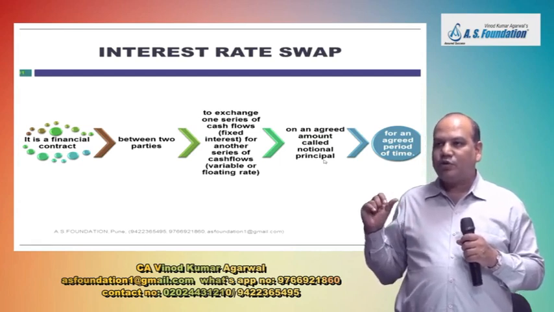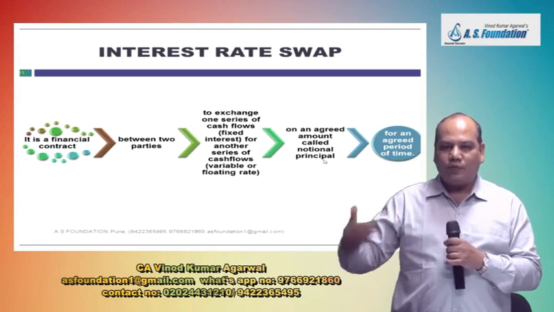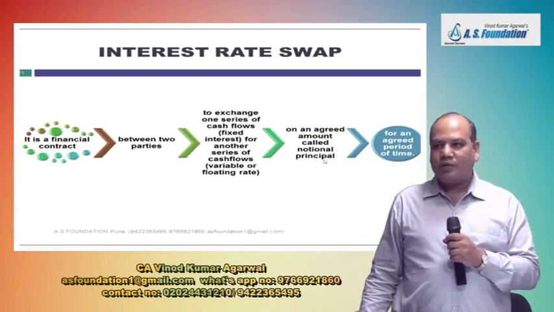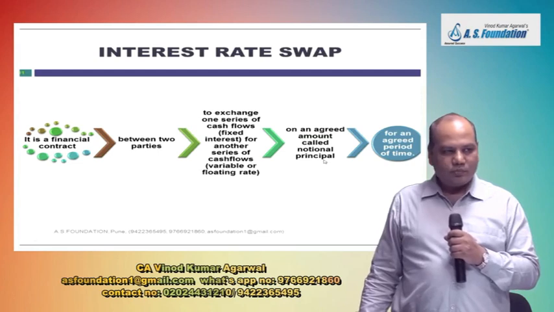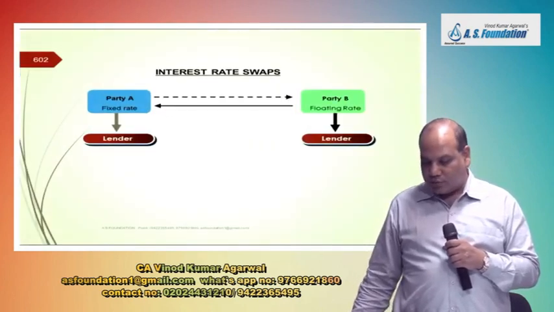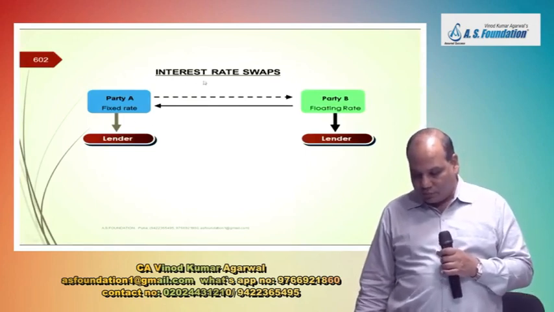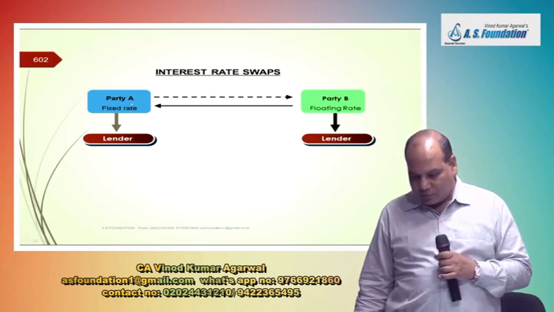The effect of interest rate swap arrangement is that you are able to eliminate or avoid or reduce the interest rate risk. Okay, you can reduce your interest rate risk. Now one small diagram I have drawn for understanding purpose.